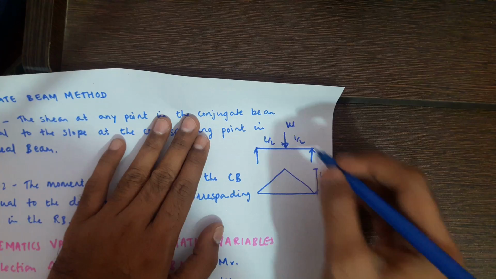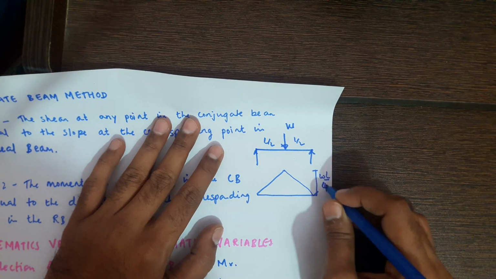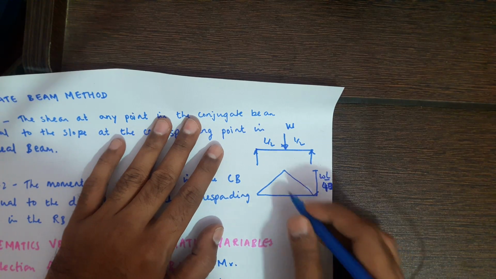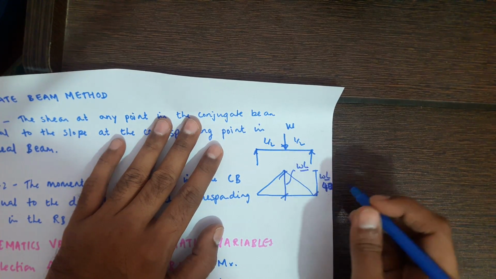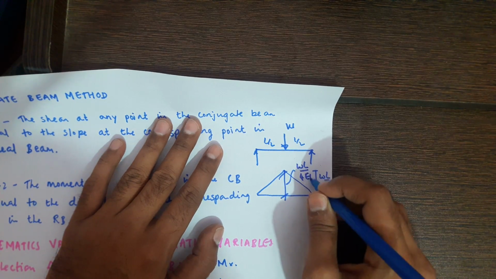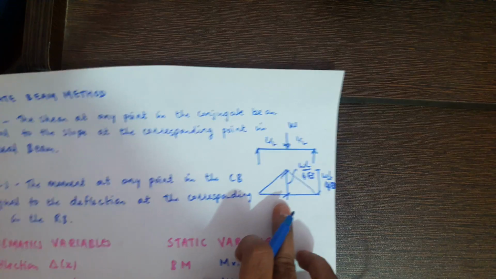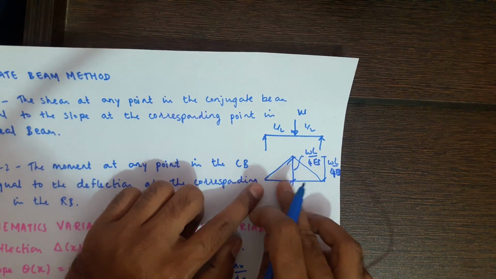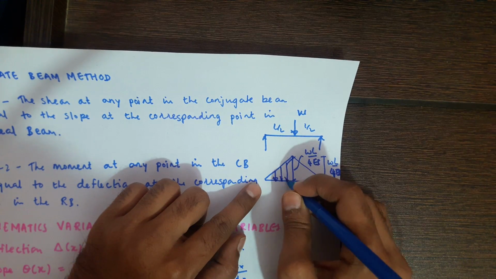Okay, we have to convert this bending moment diagram into a curvature diagram. We just have to divide it by EI. So this height is WL by 4 EI. Okay, now it is a curvature diagram. So what we have to do here, we have to convert this curvature diagram into a loading diagram.